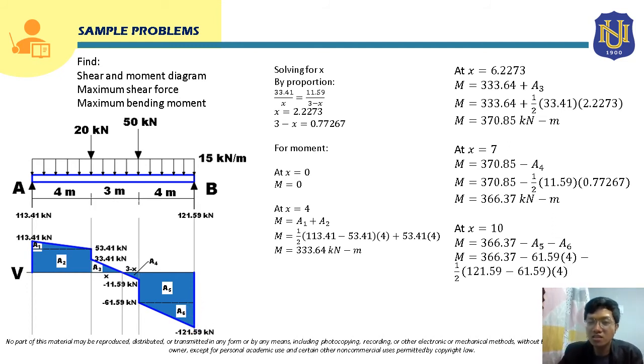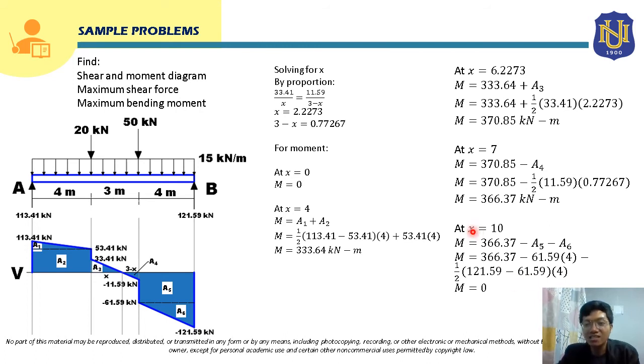Solving this, class, this will become 366.37 minus area 5, which is 61.59 times 4, minus the area 6, which is 1/2 times 121.59 minus 61.59 times 4. So the moment here, class, will be 0.